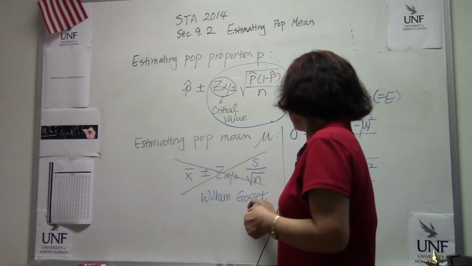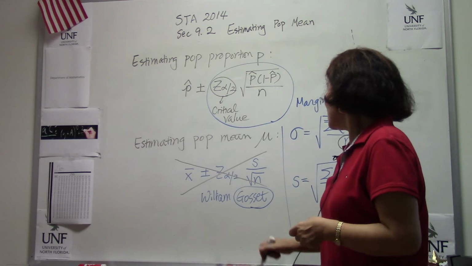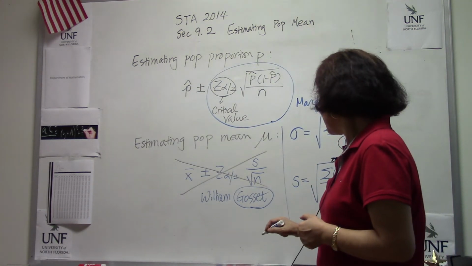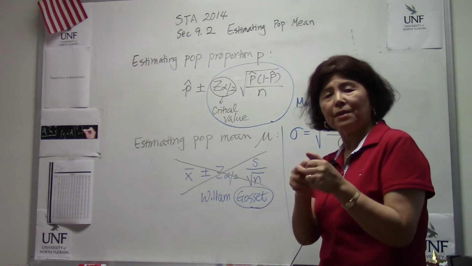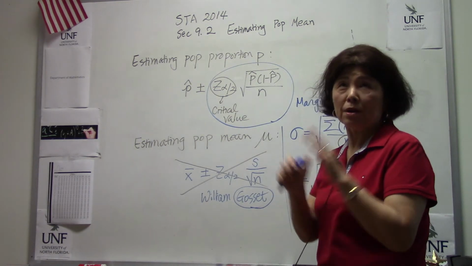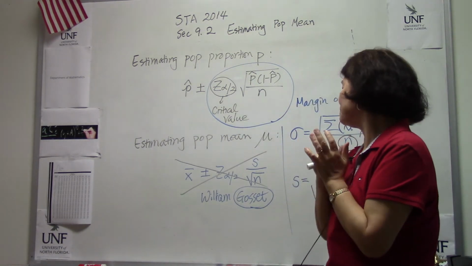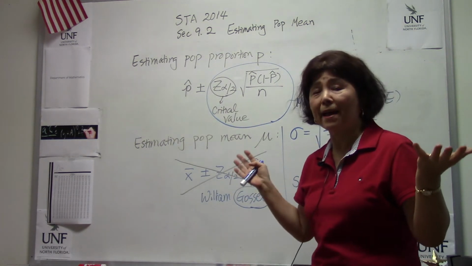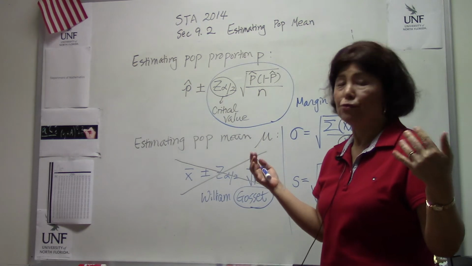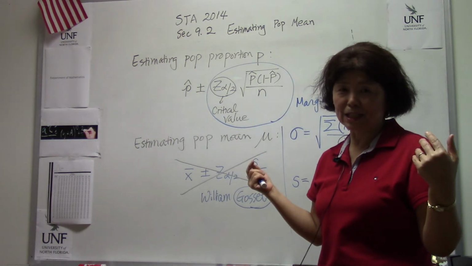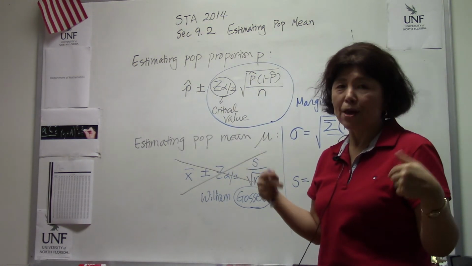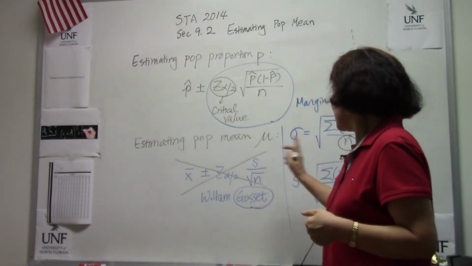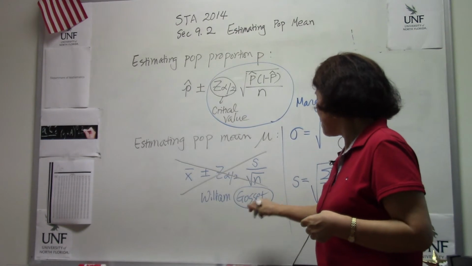But when he published the paper, he didn't use his real name. I think there was a rumor, or it could be a fact, that the brewing company wanted to keep their trade secret, so they didn't want to publish anything. Therefore, he had to use a pseudonym for his paper.